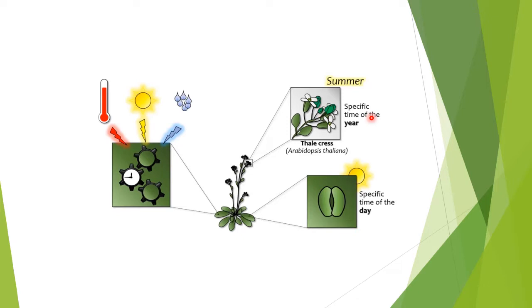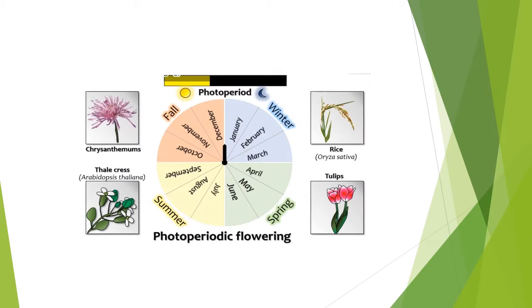So at a specific time of the year, flowers will be produced, along with certain daily functions taking place in response to light or external stimuli. That means there is a photoperiod throughout the year.